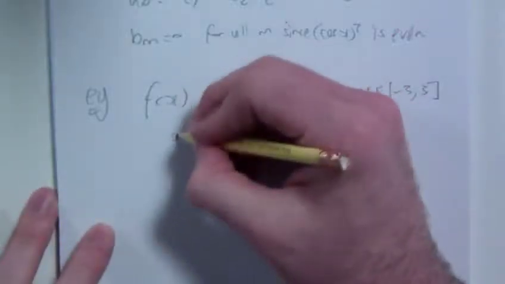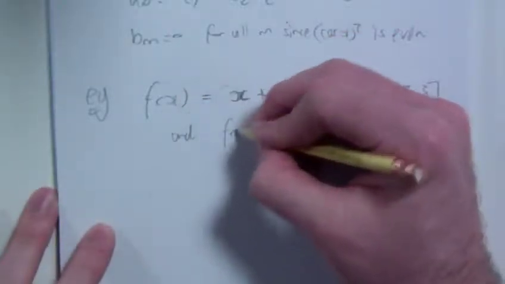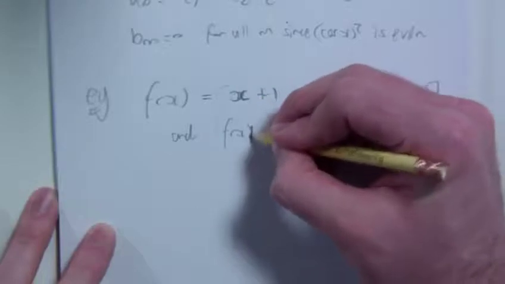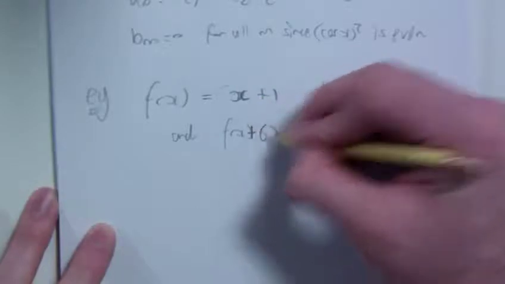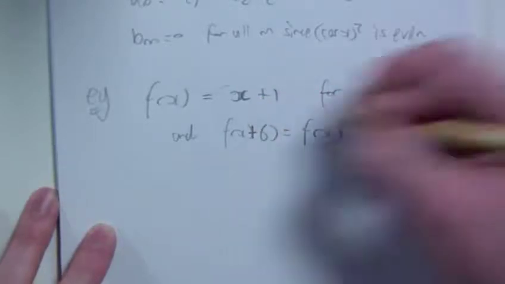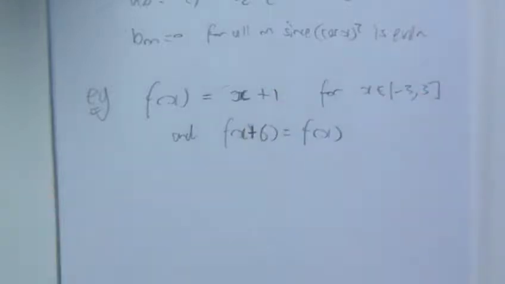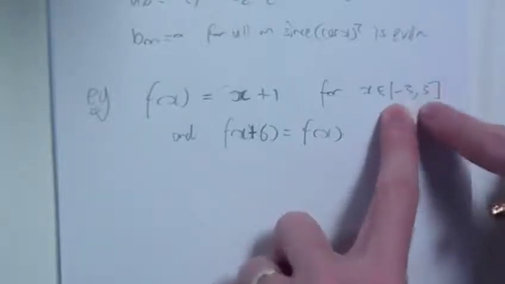And then f of x plus 6 is f of x. So what we've done is we've done it from -3 to 3, and then we've made it periodic by repeating it every 6, because this is a width of 6.